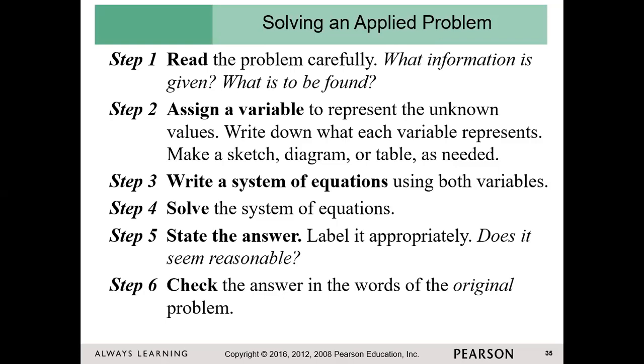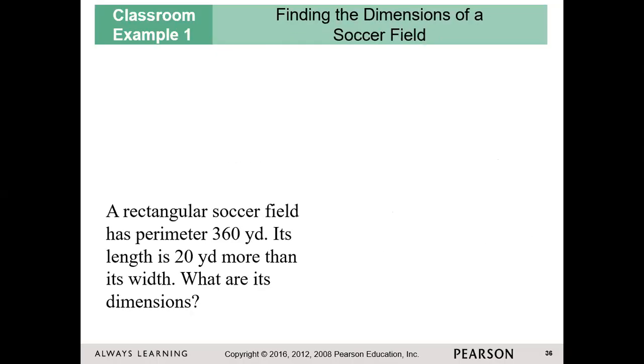You can't sell negative tickets and you can't sell 0.3 of a ticket to a child. So the answer needs to be reasonable within the context of these application problems. Obviously, if it was just a regular system of equations, then that answer could be fine. But when it's an applied problem, your answer needs to make sense within the context of the problem, okay? And then obviously you can check your answer to make sure that everything is legitimate.